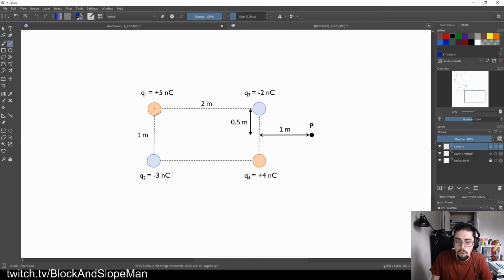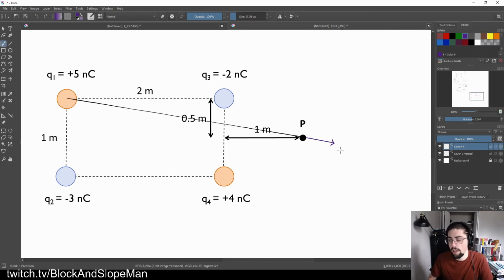So I'm going to go from my charge to my point. Looks kind of like that, and I asked for that to be in black, please. Thank you. Got another plan for blue later. So we've got a line like that, and if we follow what I was saying before, extend that line just a little bit longer, turn it into an arrow, then that's going to be what I will call R1 hat, for Q1.